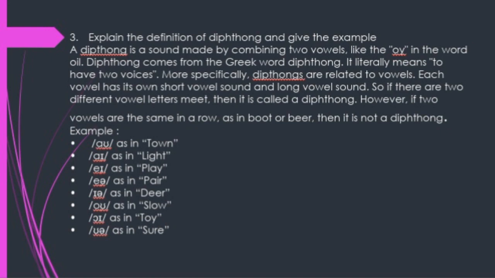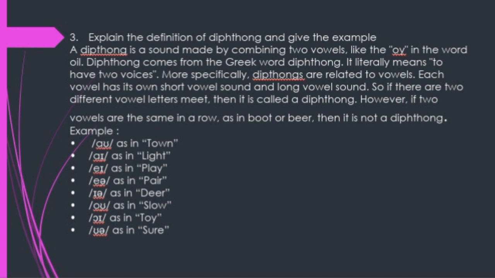Number 3. Explain the definition of diphthong and give the example. A diphthong is a sound made by combining two vowels, like the OI in the word oil. Diphthong comes from the Greek word diphthongos. It literally means to have two voices. More specifically, diphthongs are related to vowels. Each vowel has its own short vowel sound and long vowel sound.